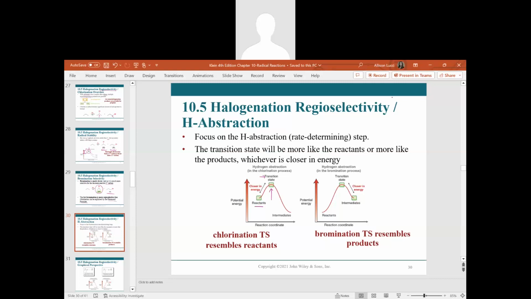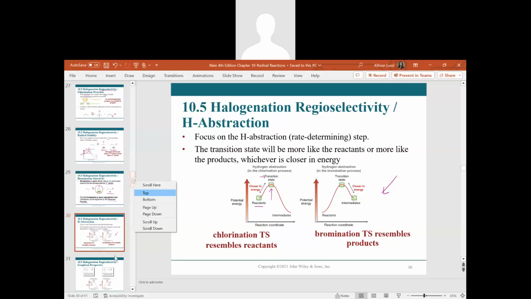And then if we have over here our intermediate that results, our transition state resembles our products a little bit more with bromination. And this is again that Hammond postulate. So the closer in energy to the transition state is what your transition state appears like. So with the bromination, the transition state is closer to the intermediate, so it would resemble our product more.